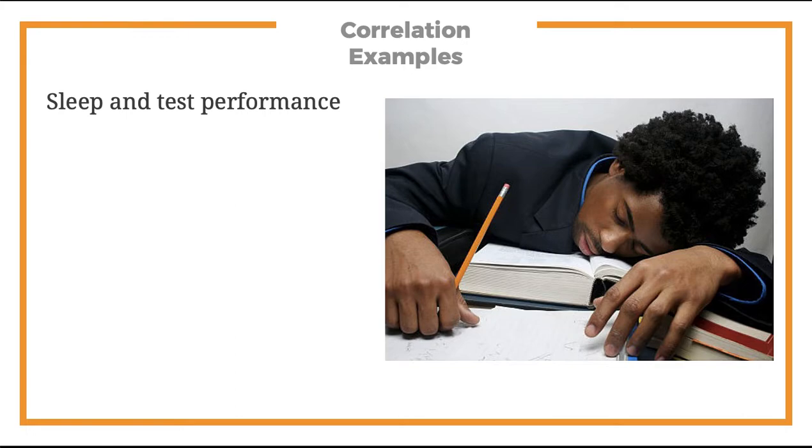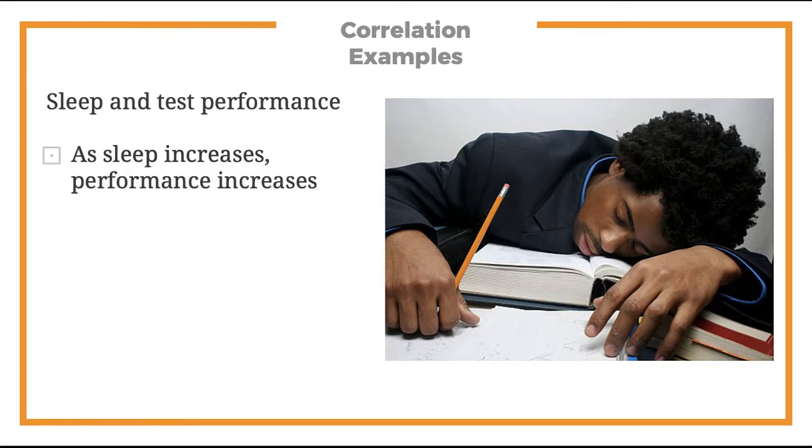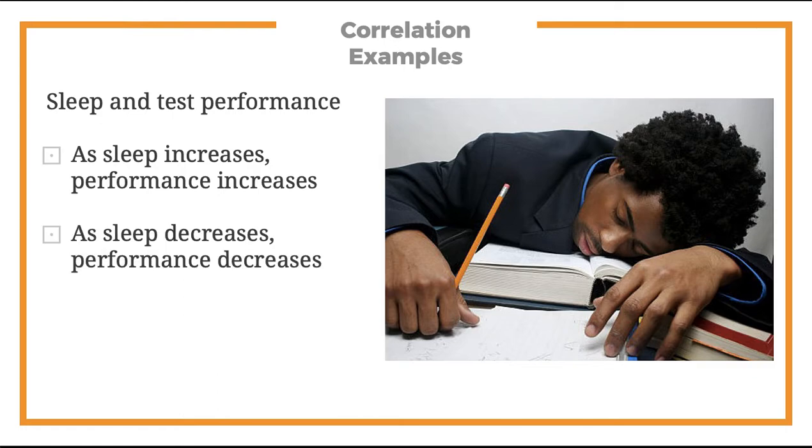So take, for example, this idea of sleep and test performance. This has been studied quite heavily in education research and in organizational research. How does sleep affect test performance? What we know from the research is, generally speaking, as sleep increases, our performance increases. And as sleep decreases, our performance decreases.